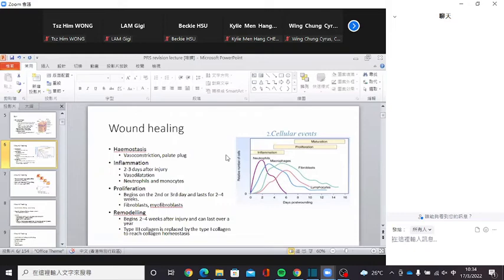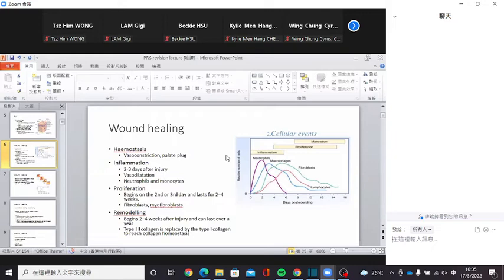Then after the inflammation phase starts to subside, the proliferation phase will set in, but the two will overlap for a while. And the proliferation phase will start on the 2nd or 3rd day and last for 2 to 4 weeks. And the cell types that are involved are fibroblasts and myofibroblasts. And these cells will lay down collagen to remodel the wound.